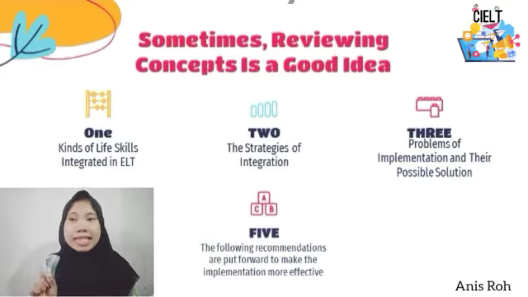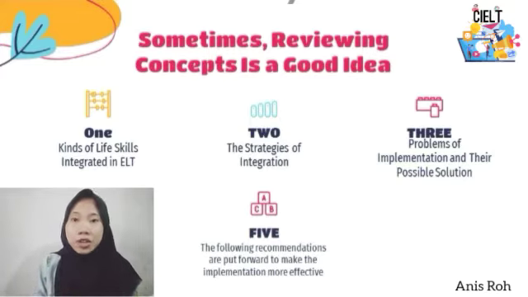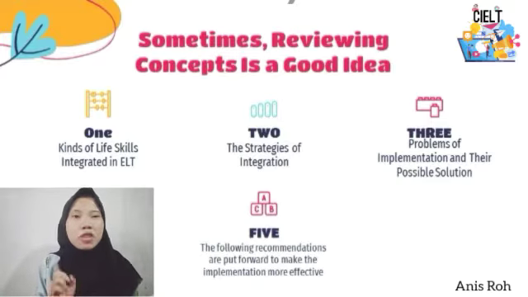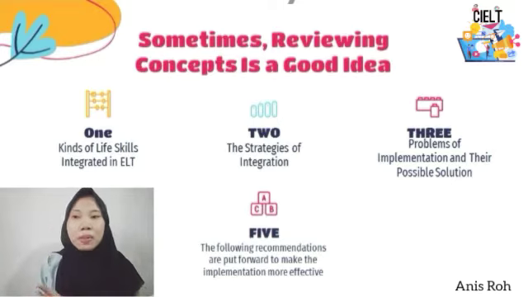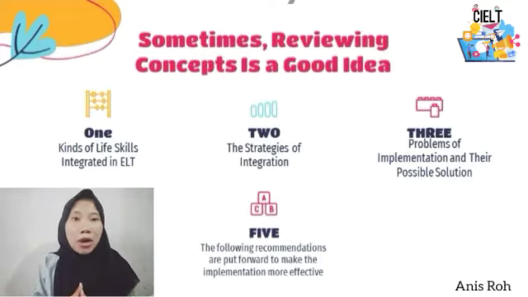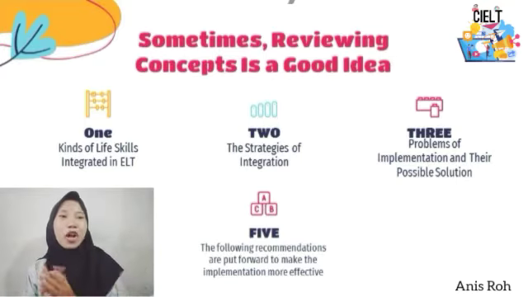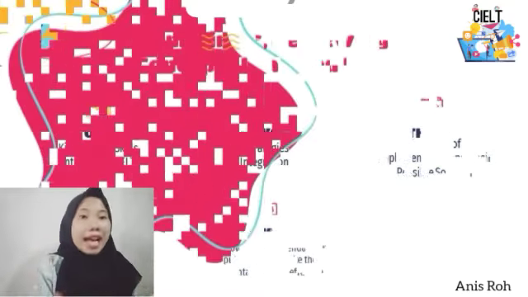Number one is the kind of life skill integrated in ELT, number two is the strategy of integration, number three is problems of implementation and their possible solutions, number four is the solution to the problems, and the last is that the following recommendations are put forward to make the implementation more effective. You can check it out in this picture. There are five, and this is about the concept of the good idea.